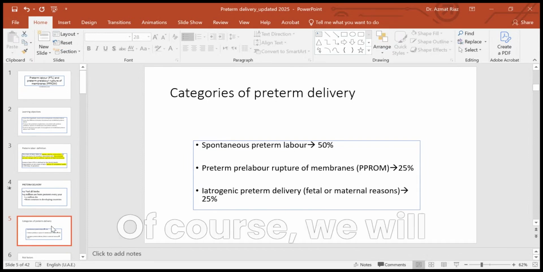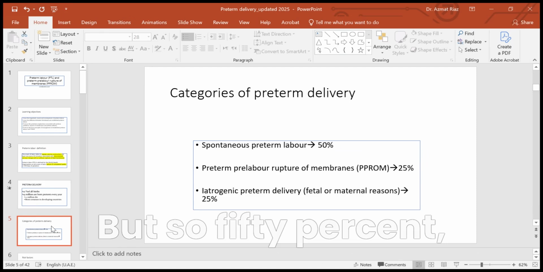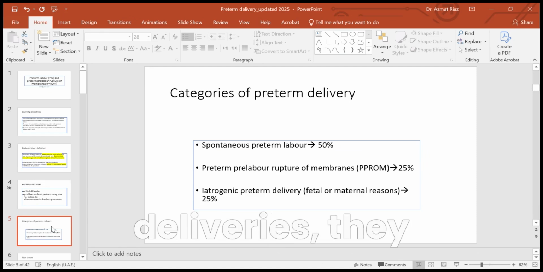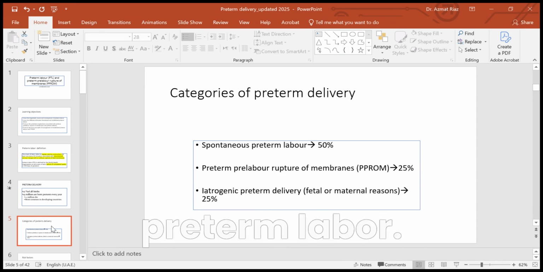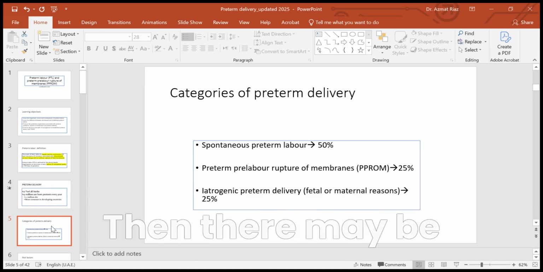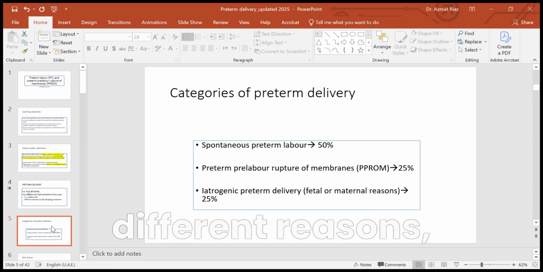What causes preterm delivery? Of course, we will come to that, but 50%, half of all preterm deliveries, start on their own, which means they are spontaneous, like women go into labor on their own, and there may be different reasons, which we are going to discuss.